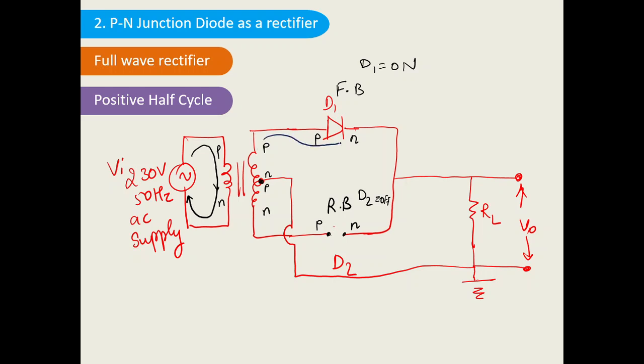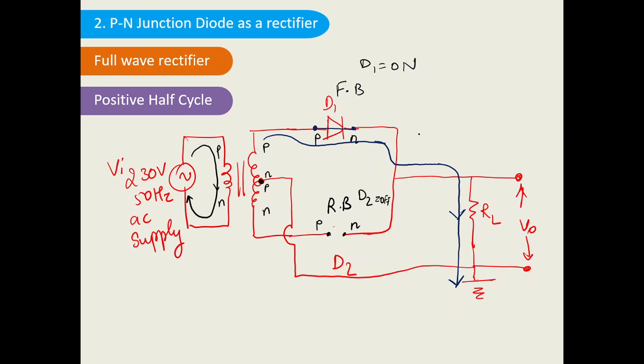It will pass through this D1, which is replaced by a short circuit because D1 is on, and it will move in this direction, and again it will move through this RL and pass to the ground. So in the case of RL, the current is flowing in the downward direction like this.